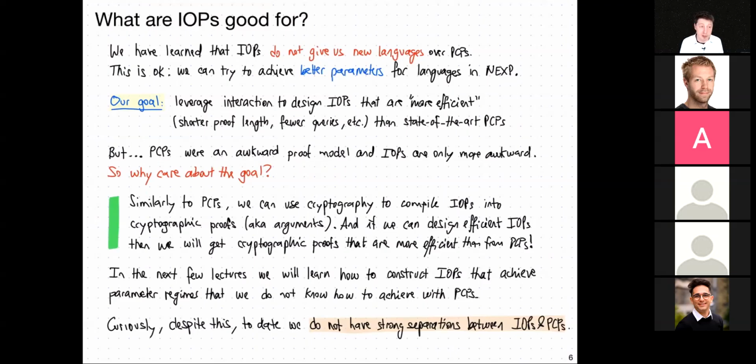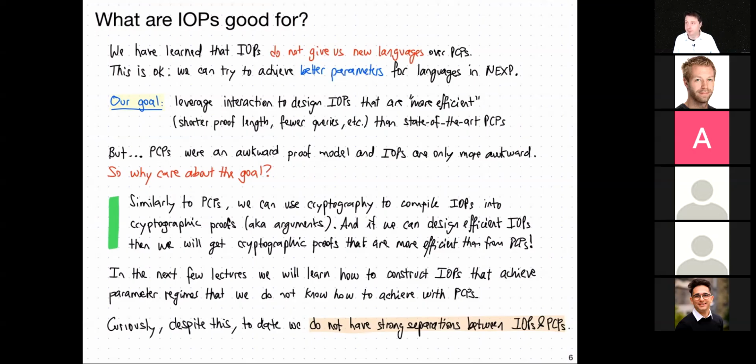Okay, there are different compilers. Some of them remove interaction, some of them don't. So you might get slightly different cryptographic proofs at the other end, but roughly speaking, you use the same compilers. So overall, you are better off using an IOP to start from, if that was your question. But I may not have understood it.